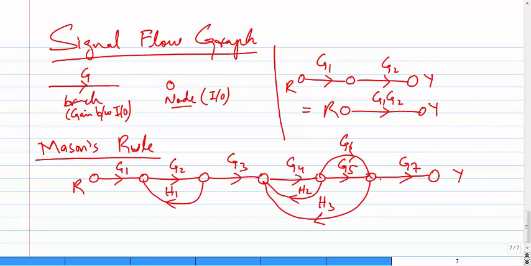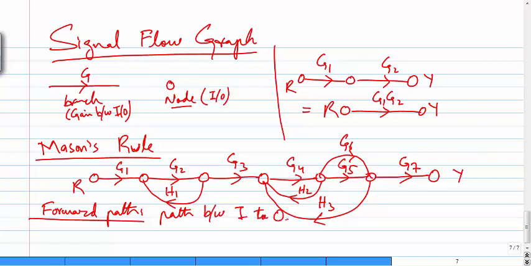If I start from the input and end at the output, we call it a forward path. The path between input and output is known as a forward path. So how many paths are in this graph?